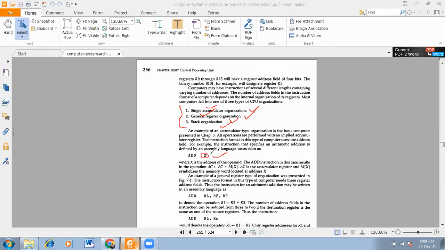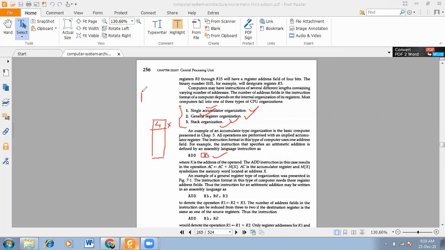We can write add X, where X is the address of the operand. Means somewhere the location X is there. Maybe this is X. This location is X. Data may be whatever, maybe 4, say for example. We don't know what the data actually is, but say for example that is 4.